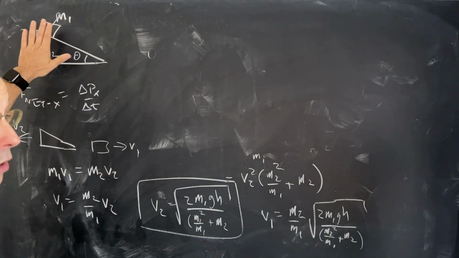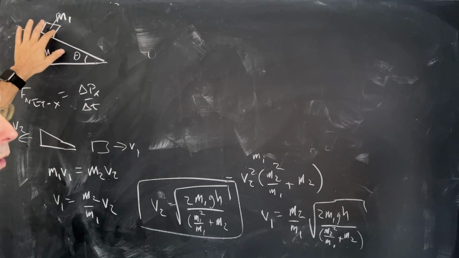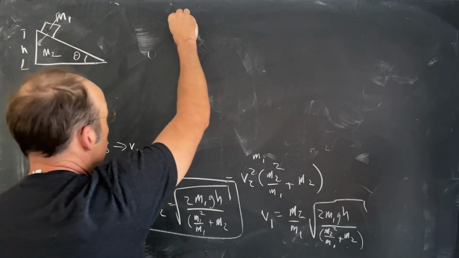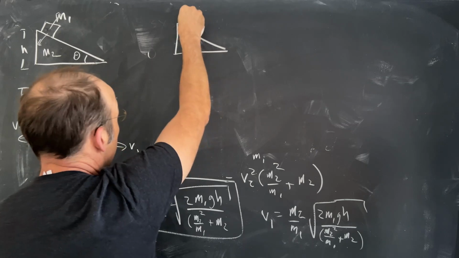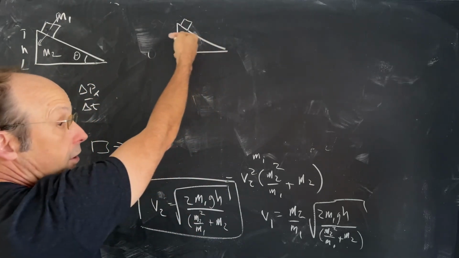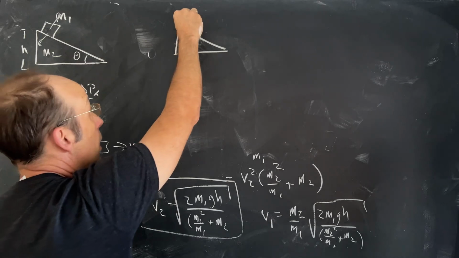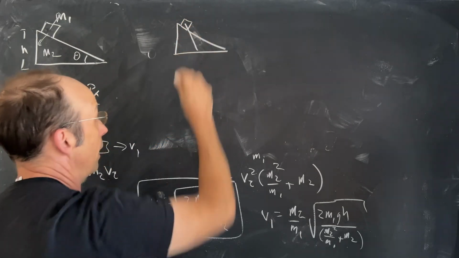So let me first of all talk about the work done by the normal force, because the work done by the normal force on one block is not 0. So let's just go up here. Here's my block, and here's my wedge and my block. So as this slides down, the wedge is going to move this way, the block's going to move that way. So the path is going to be down like that.